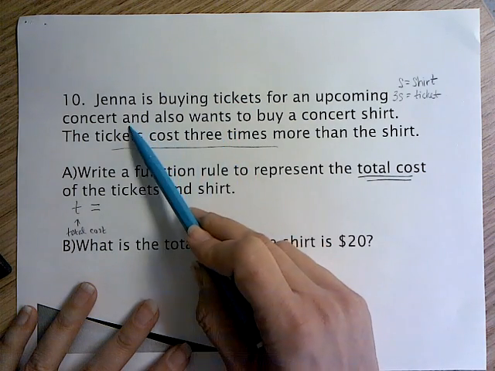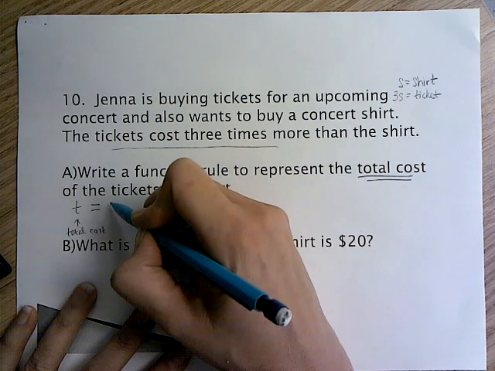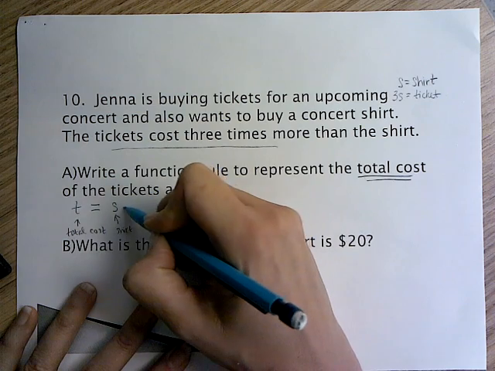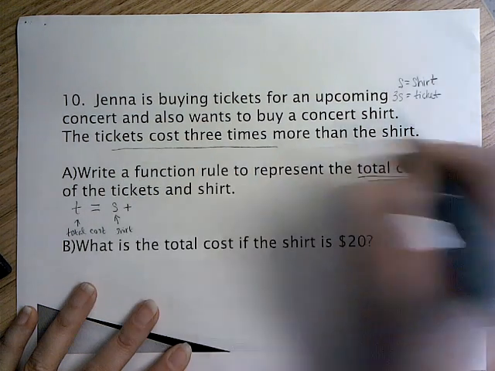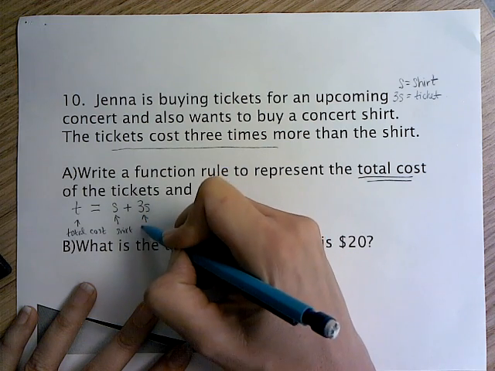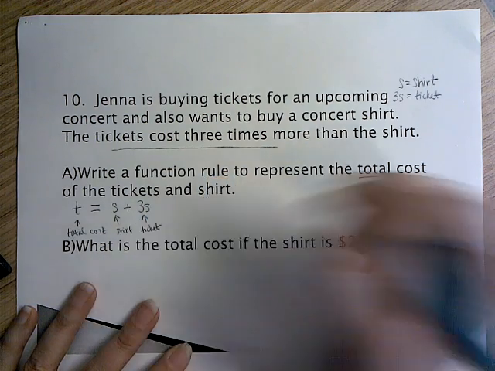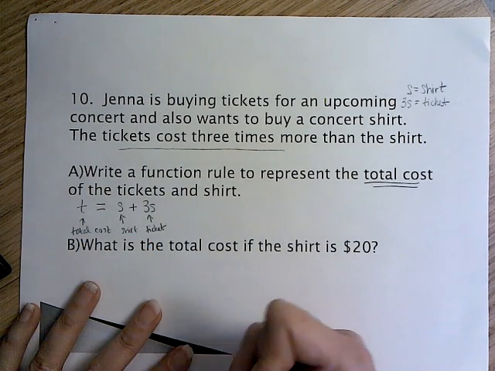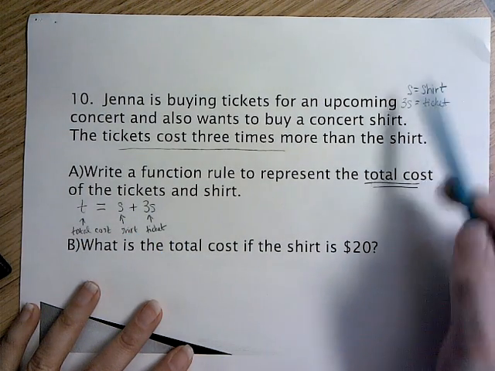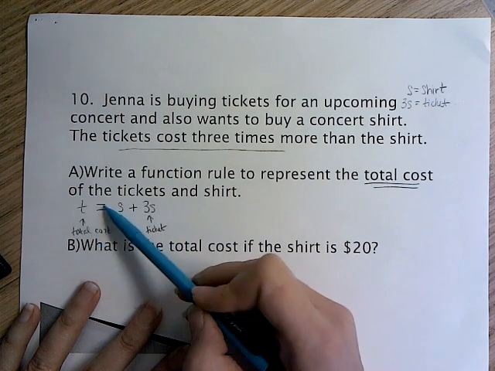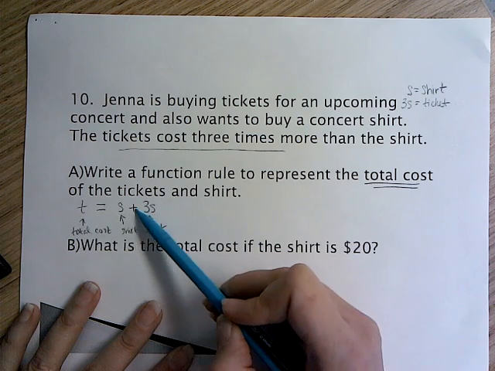So I can say S, that's the shirt, and I need to buy a ticket. And the ticket we said before is 3S. That's the ticket. If you break it down into pieces, it's pretty simple to put them together. Define your variable. You can't do anything without that. And just make a sentence. Well, the total cost is made up of the shirt and the tickets.